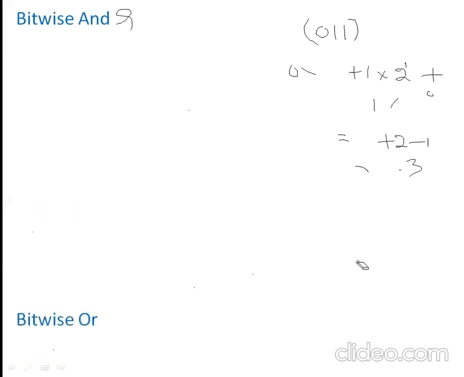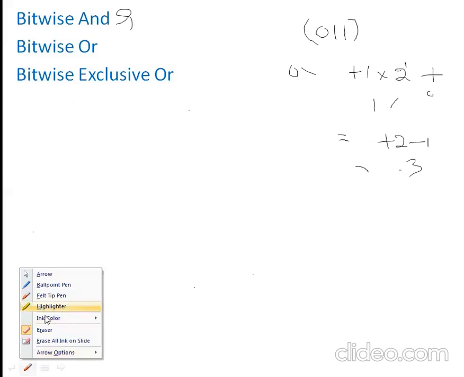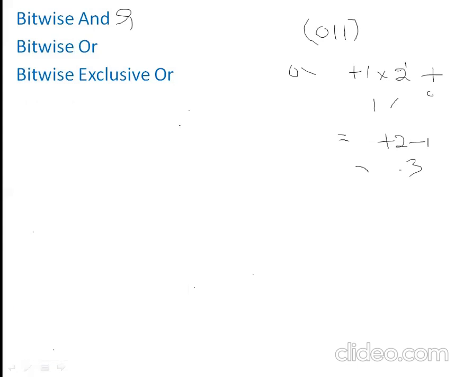Then bitwise exclusive OR. Its symbol is like this. This is called the caret. It's like the exponent symbol.